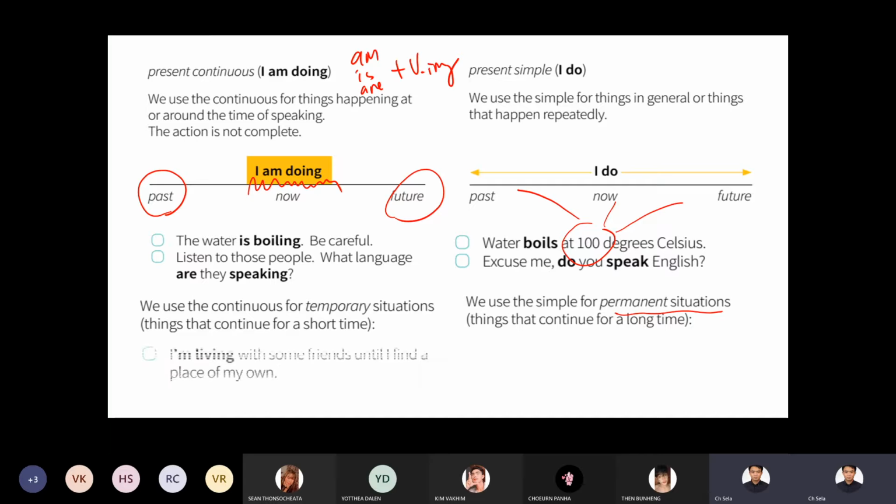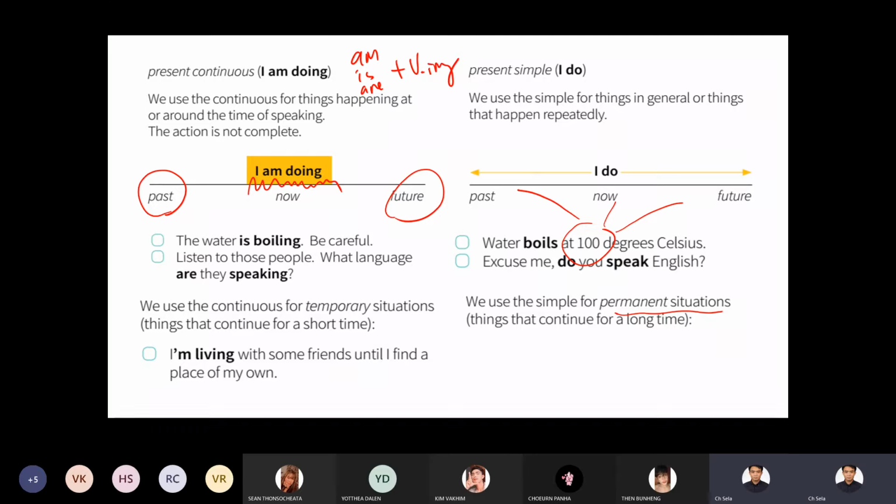Here is the example that I shared with you last week. I'm living with some friends until I find a place on my own. With present continuous, you don't live there for a long time.